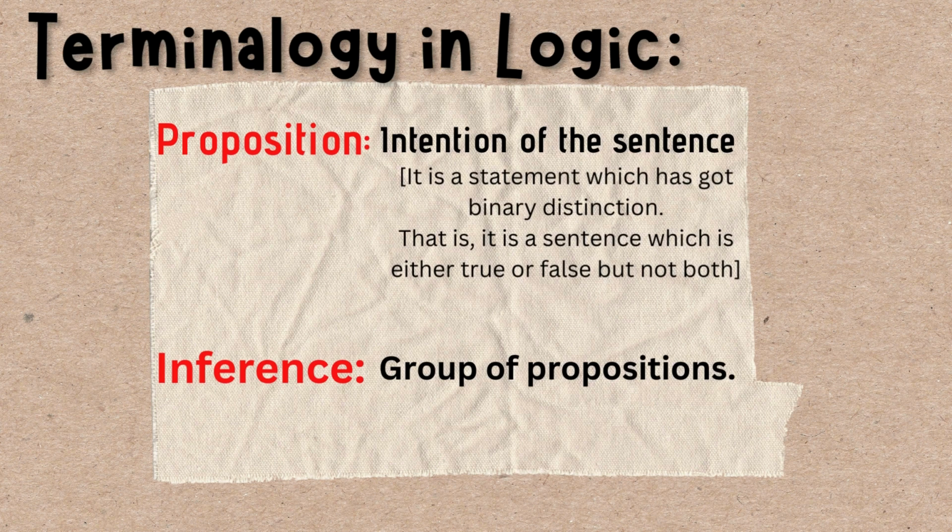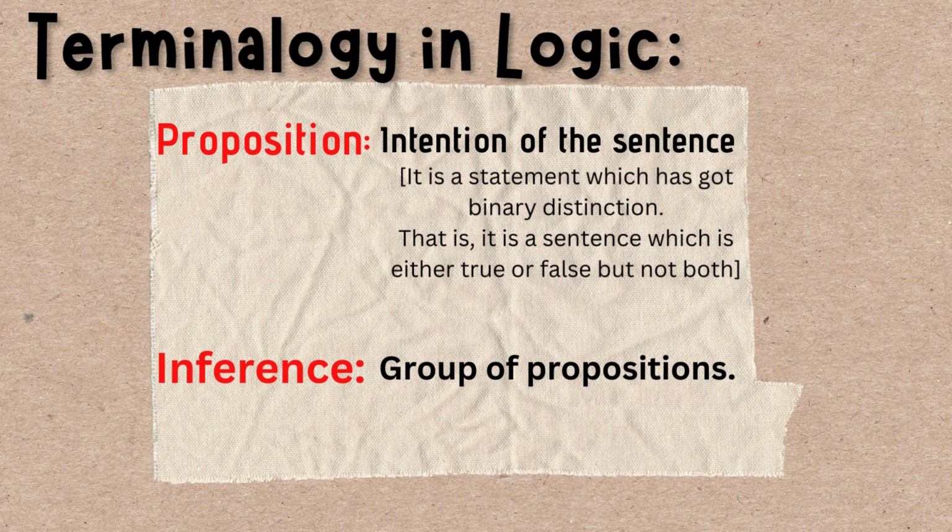So in classical logic, we don't use the term statement. Instead of statement, we use proposition. A group of propositions is known as an inference. These two terminologies play the main role in understanding classical logic.